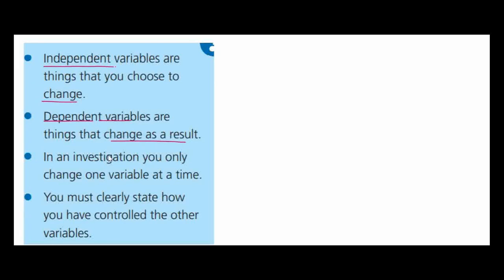Remember, in an investigation we only change one variable at a time, so we can clearly make a good conclusion about how the change is affected by only changing one independent variable, that is the acid concentration. Well, let's get back to the question.